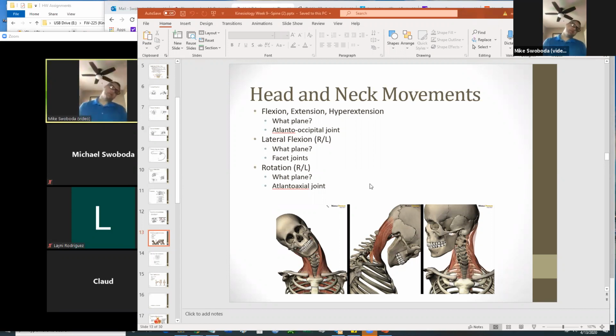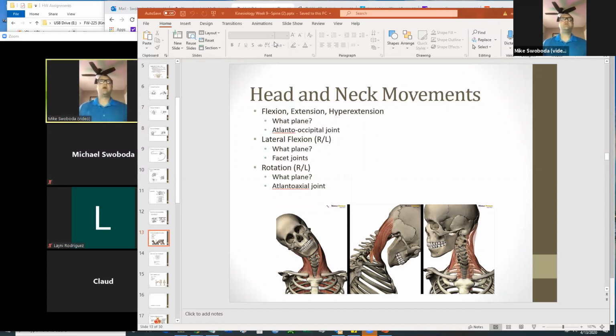I'm sure some of you can move your head almost onto your shoulder, your ear almost onto your shoulder. You really can't do that with the lumbar spine because you have your hip and pelvis there, which are going to prevent it from moving. So again, flexion and extension in the spine refers to forward and backward movement.